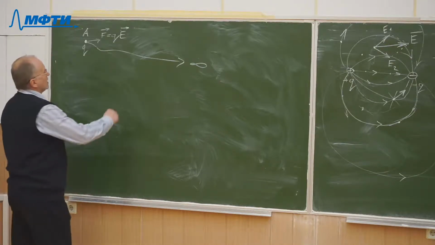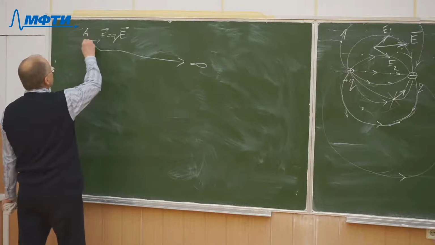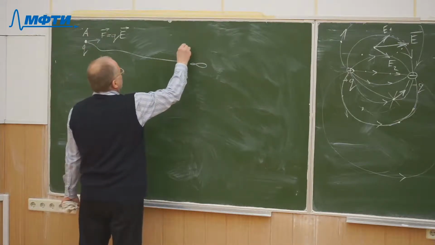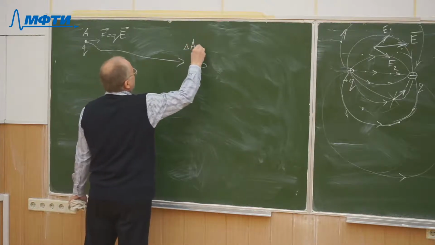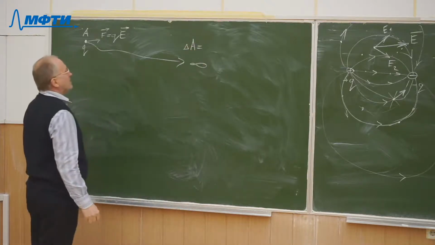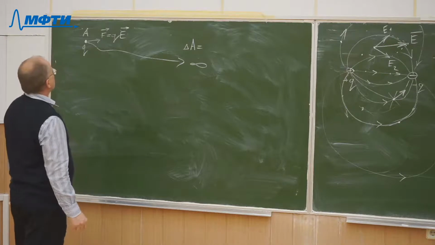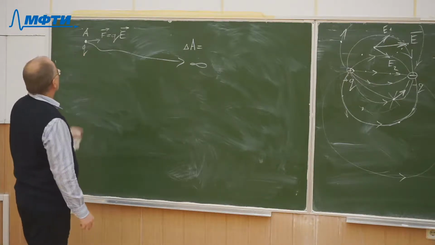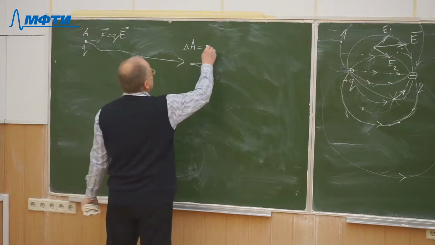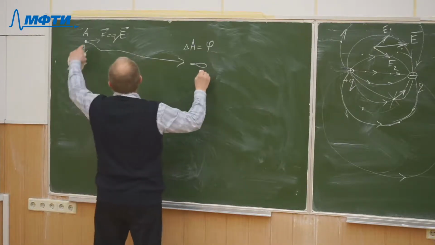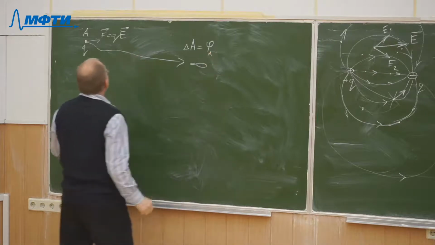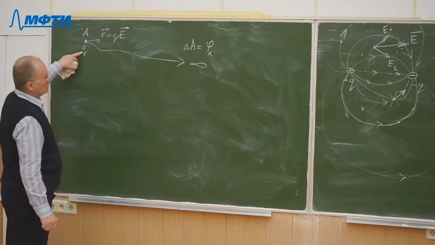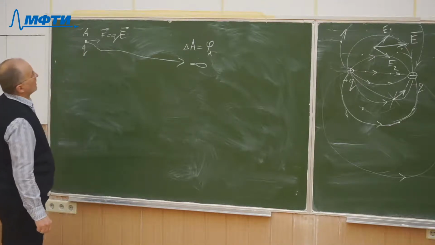When we move the charge from this arbitrary point to infinity, this work, say delta A, is by definition called the field potential at this point A if the given charge is equal to one unit.